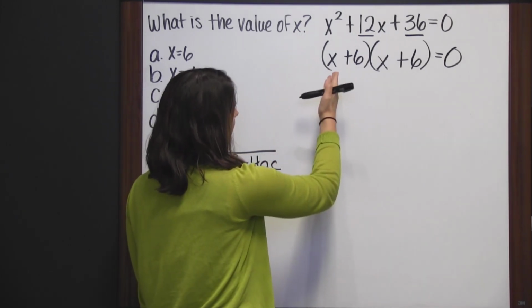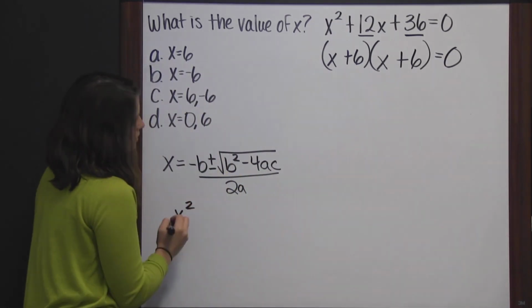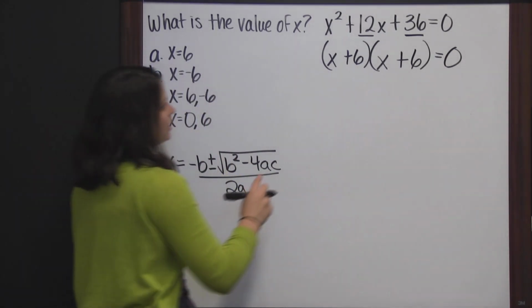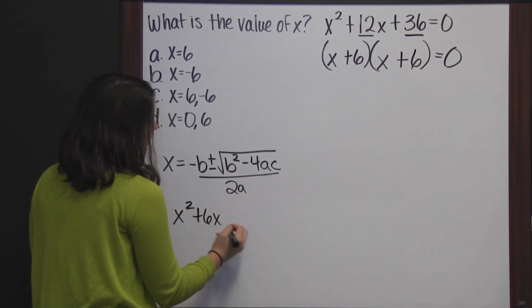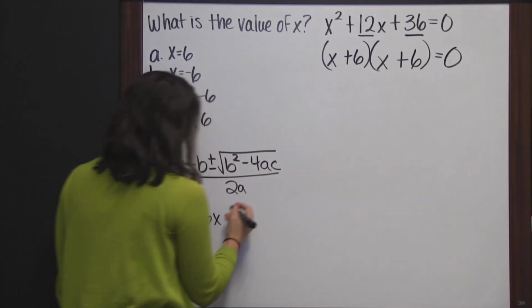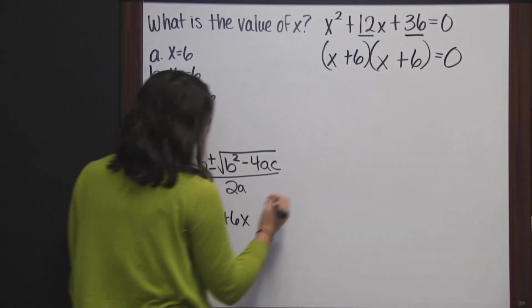So you could multiply x times x, and that's x squared. That's your first terms. Outer, x times 6, 6x. Inner, 6 times x, 6x. And last, 6 times 6, 36.